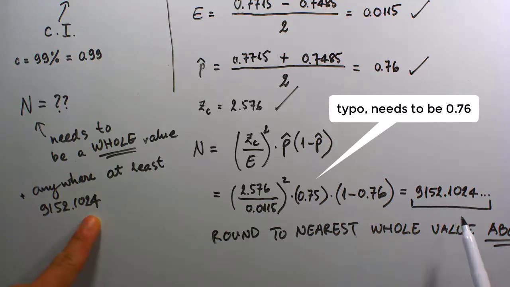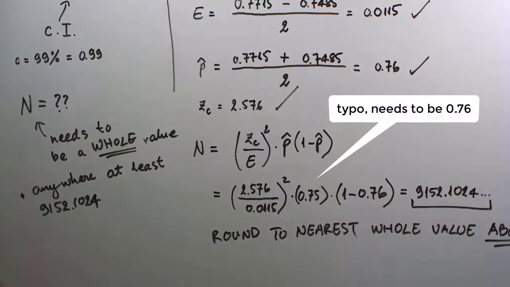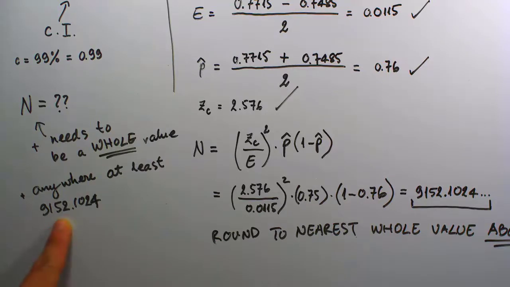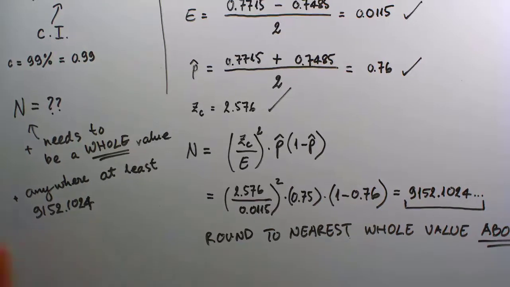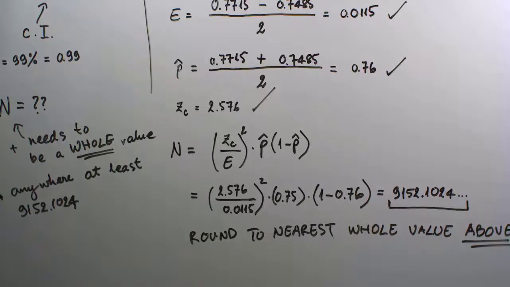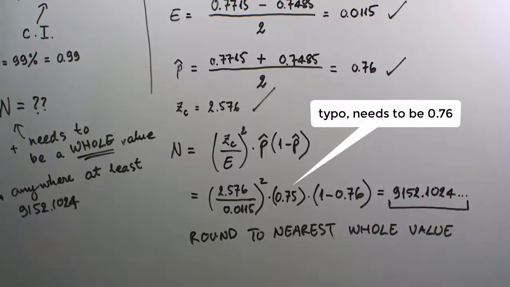In the end, combining the two logics together, the sample size n needs to be a whole value and has to be at least whatever came out from the calculation, including the decimal. Then we need to round to the nearest whole value above.